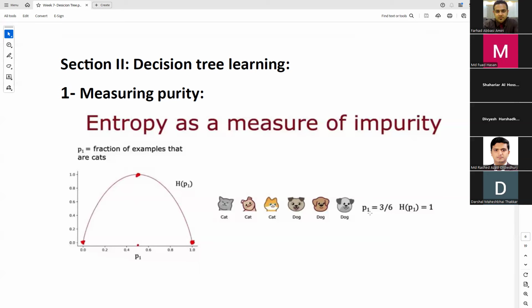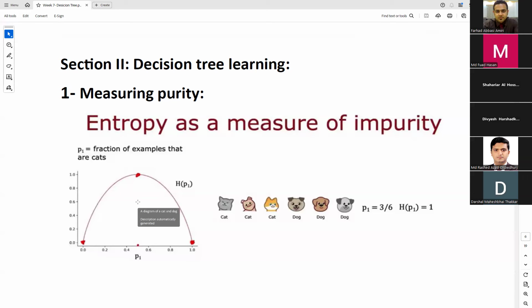So when P1 is 0.5, when from your data set 50% is allocated to cat and 50% to dog or another class, this is the worst case scenario where the entropy is 1. When entropy is 1, it means the purity is the worst.